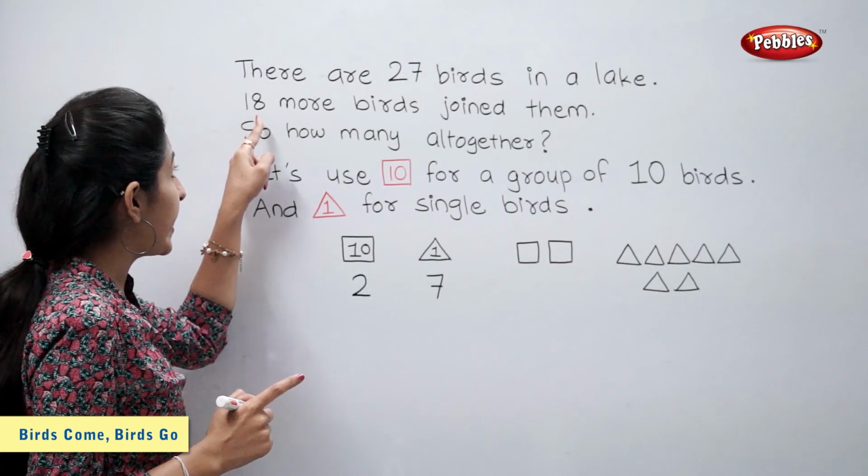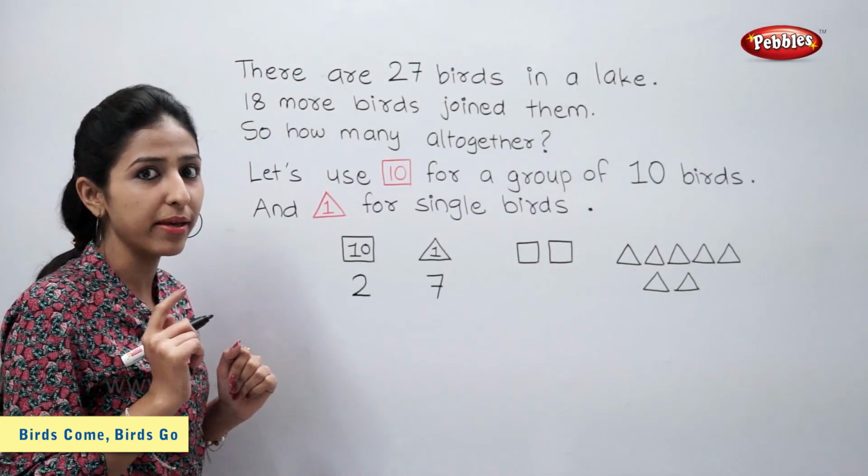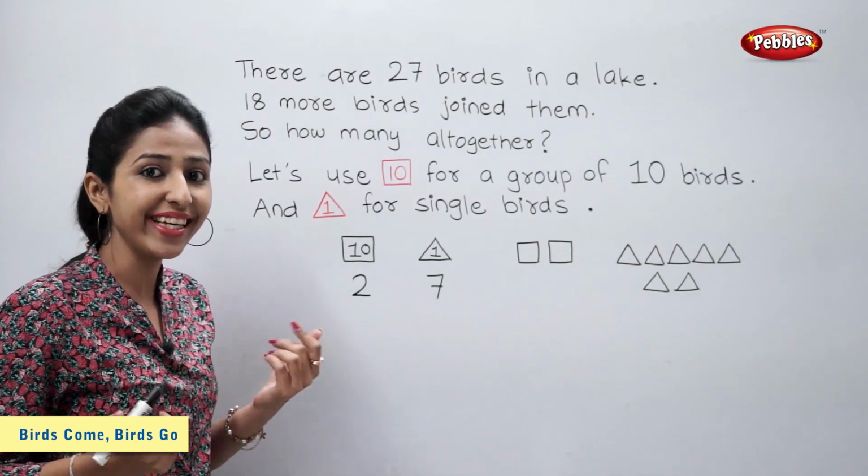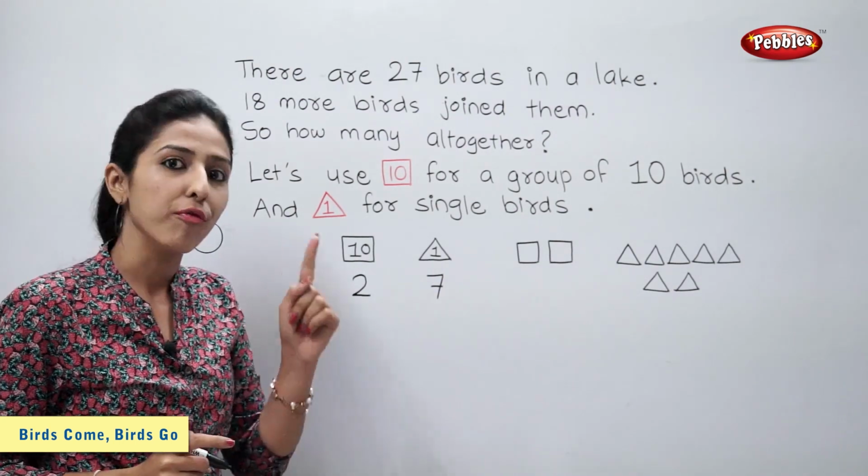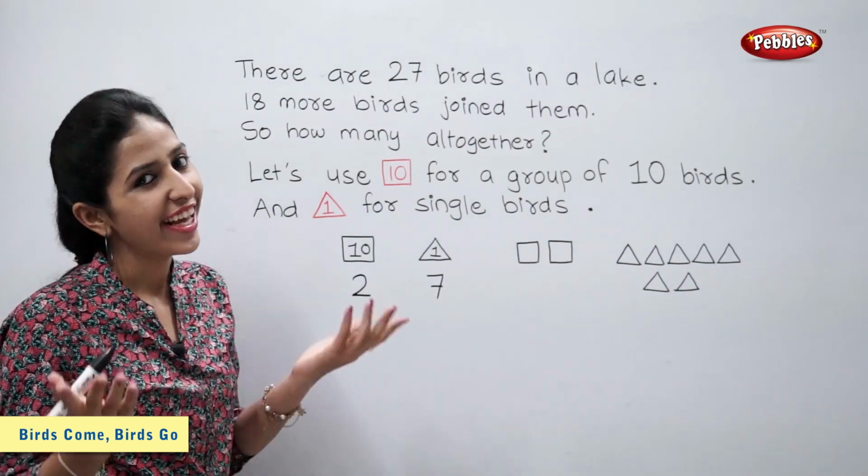Now 18 more birds join them. So let's write 18. 18 means 1 tens and 8 ones.